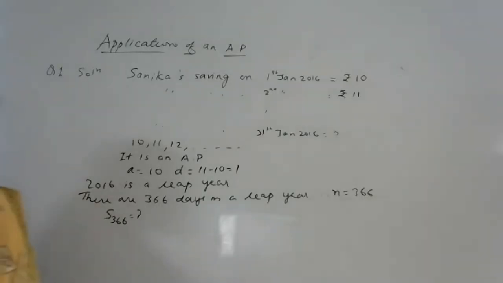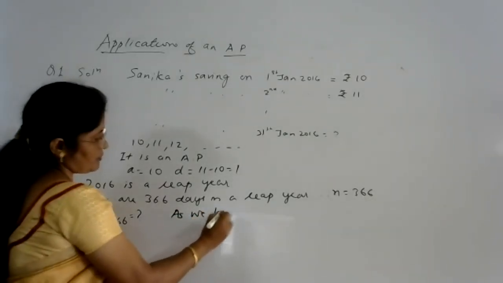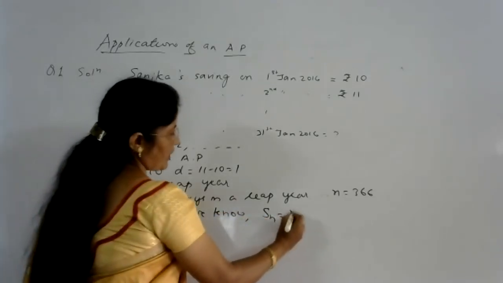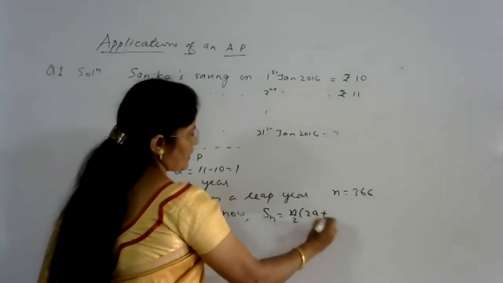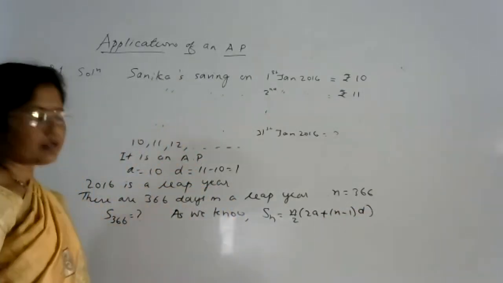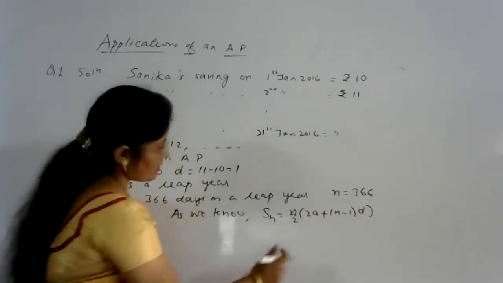The formula we know: Sn is equal to n by 2 into 2a plus n minus 1 into d. So use this formula, just put the values which you know here. n is equal to 366.